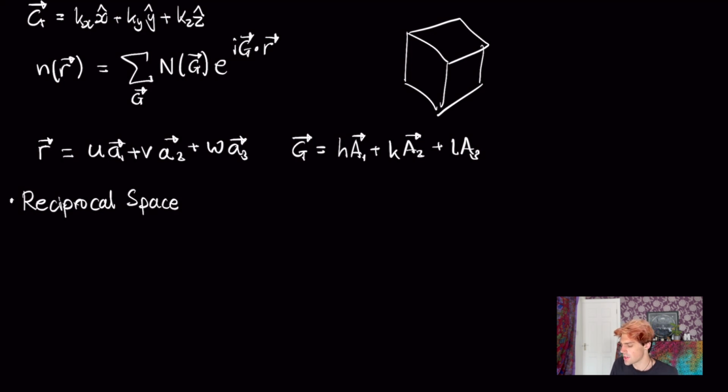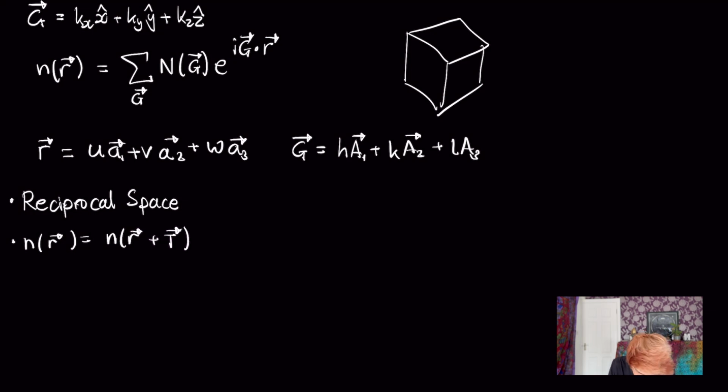But of course, G is kind of meaningless until we know that it can actually preserve the translational symmetry in the real space. So essentially, we said earlier that n of r is equal to n of r plus t.